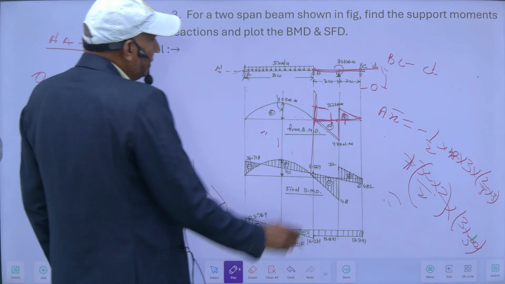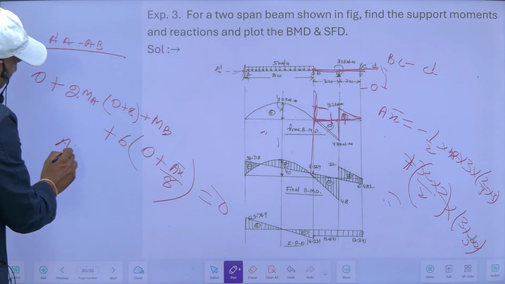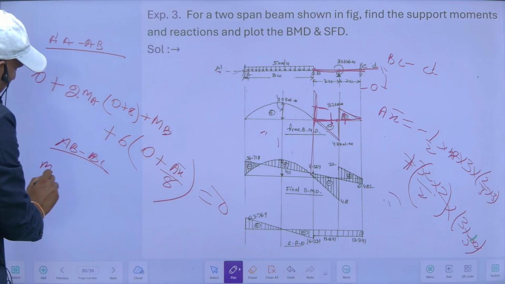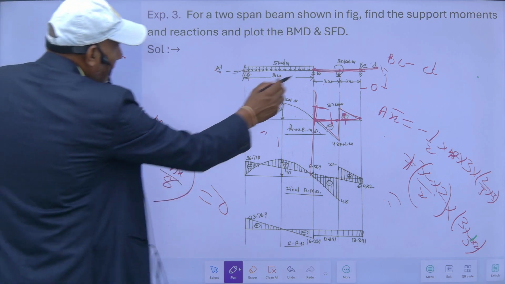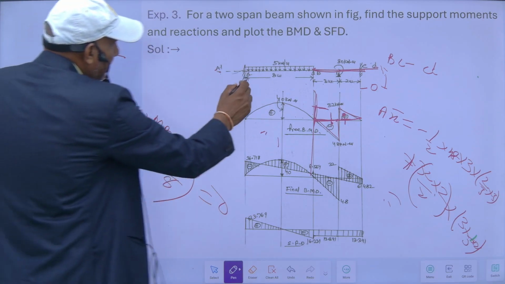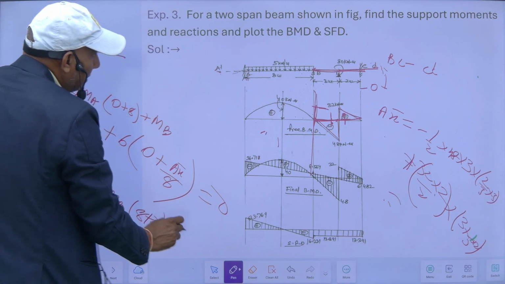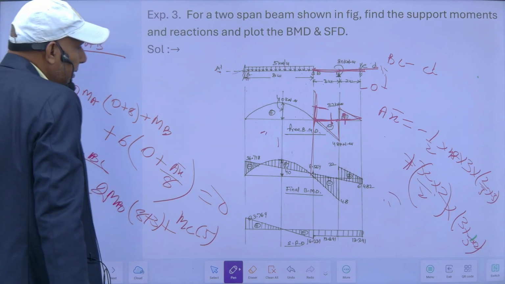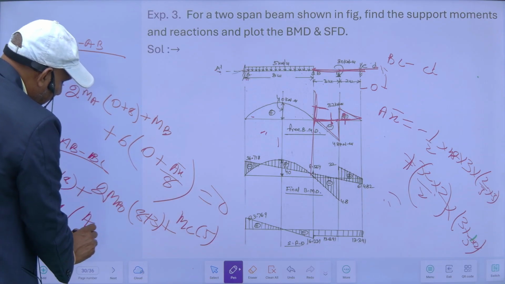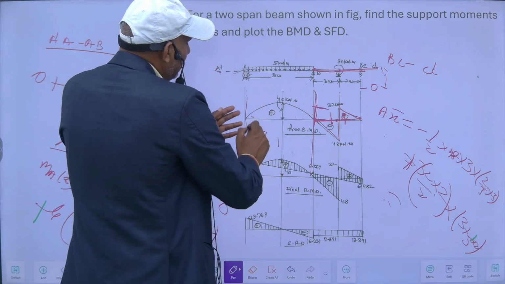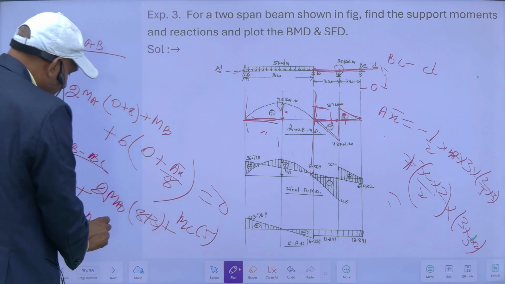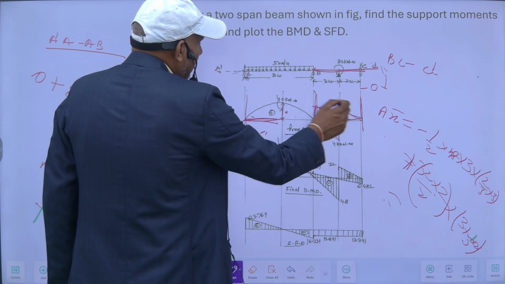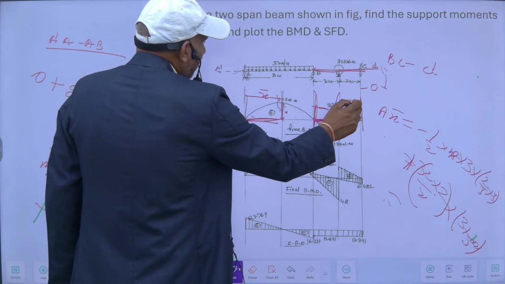Then I will apply the 3 moment equations for AB, BC. For AB, BC it will be MA into this length 8 plus 2 times of MB into this length plus this length, plus MC into this length, plus 6 times of AX bar for this upon L, and in this case this X distance from this will of course be 4 plus this, and AX bar for this portion will be from this end, one from this end and this from this end.